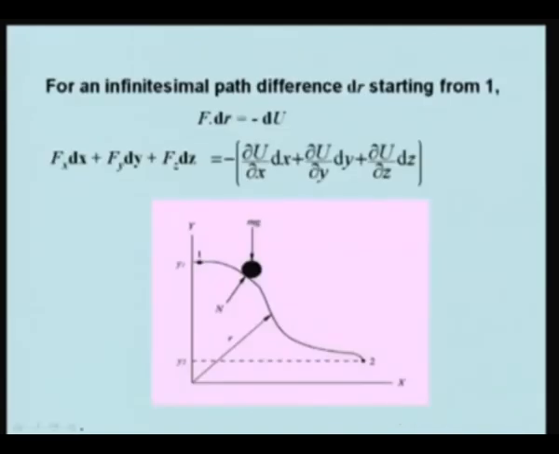Now, for an infinitesimal path dr starting from 1, F dot dr is equal to minus dU, that is Fx dx plus Fy dy plus Fz dz is equal to minus (del U by del x dx plus del U by del y dy plus del U by del z dz).